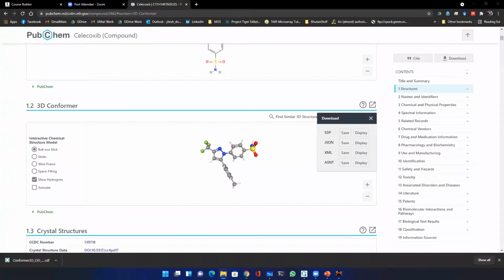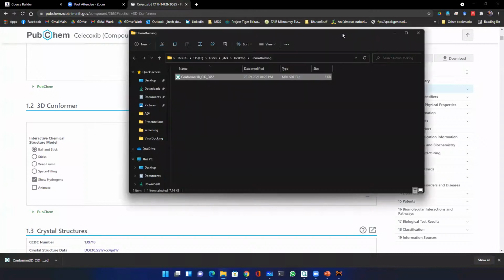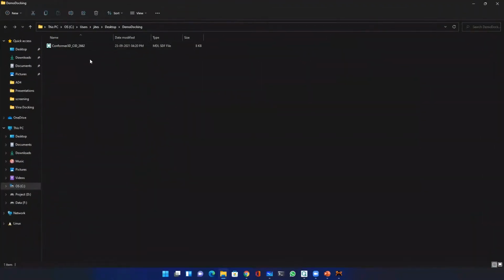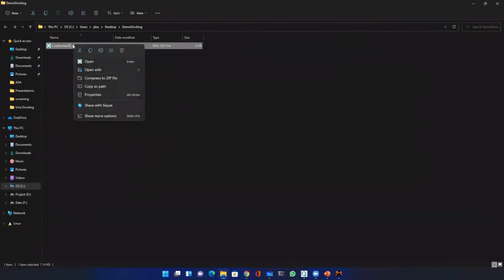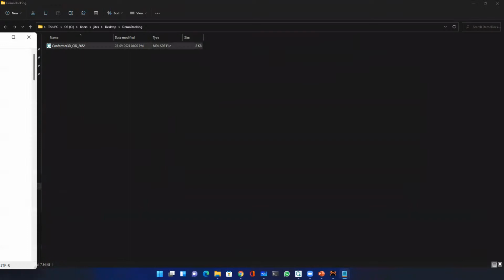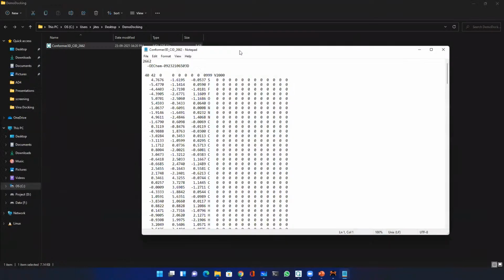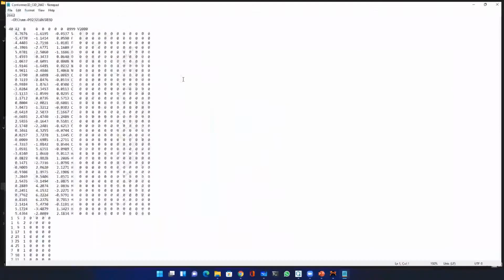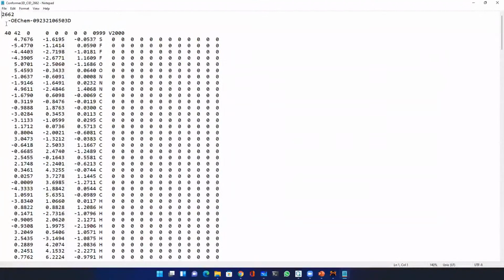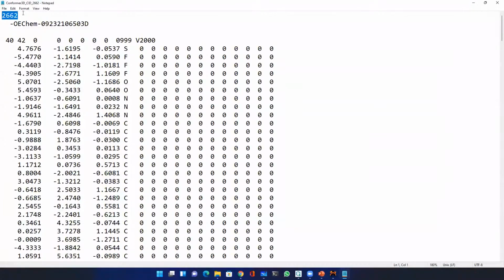You can go to the folder to see the file that is downloaded. It is in the SDF format, as you can see. You can also open this file with any normal text editor, and then you will see the format that we saw in the class. This is the name of the molecule.